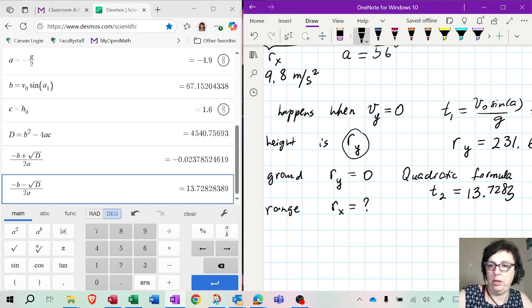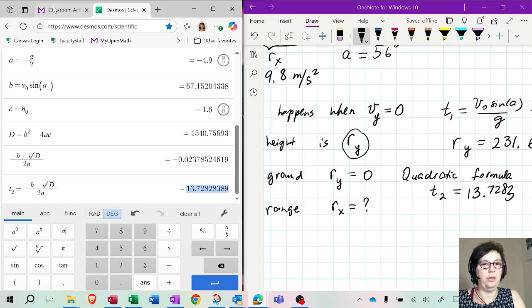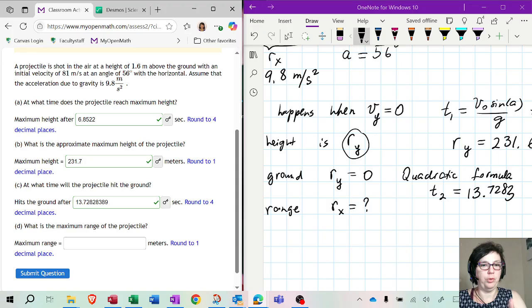No, actually 83 if you round it correctly. So I'm going to call this t2. Okay, so let me copy that number over here. I don't know if it's going to accept it or not. That's 4 decimal places, it better accept it. Okay, maybe not, maybe I'll have to round it. Okay, so it did accept it.